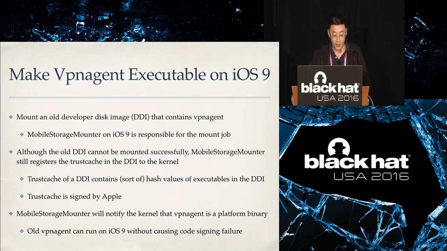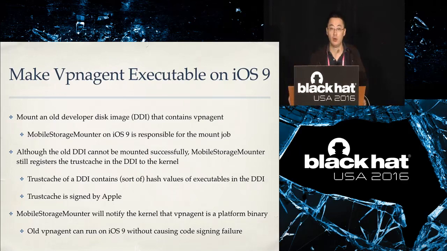In each developer disk image, there is a file called trust cache, which contains hash values of the executables in the developer image. It is used to tell the iOS kernel who created the program. The programs are created by Apple, so you should be able to run them without triggering any code signature failures.